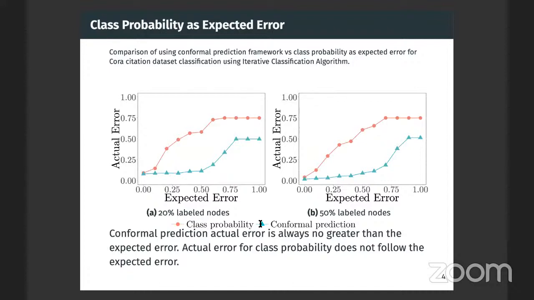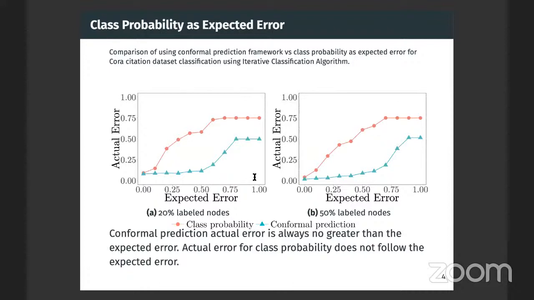We ran a simple experiment considering this class probability as the expected error, and we compared that to the actual error we see in these samples. We also looked at the expected error from conformal prediction, and compared the error rates in both these scenarios.